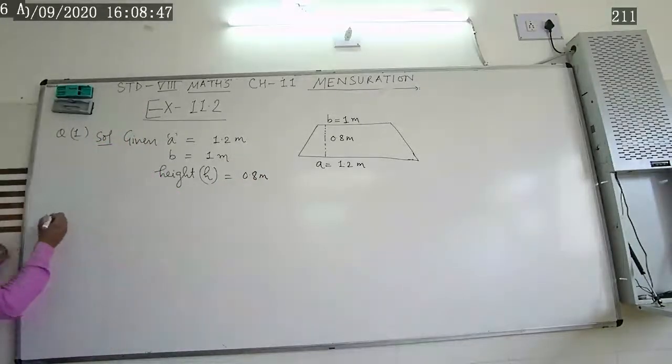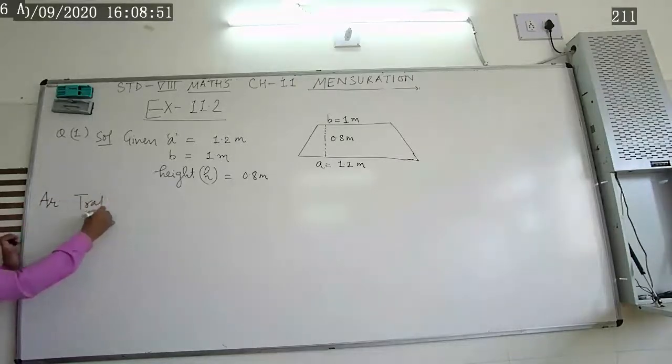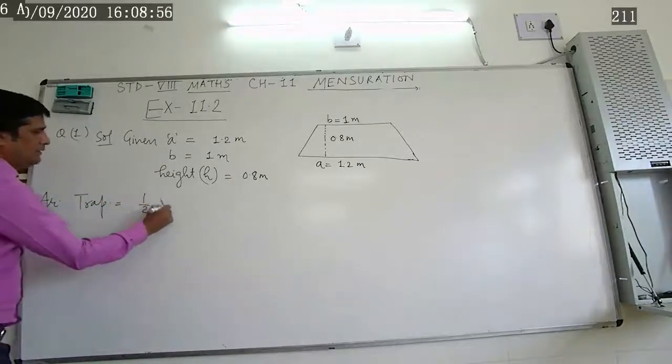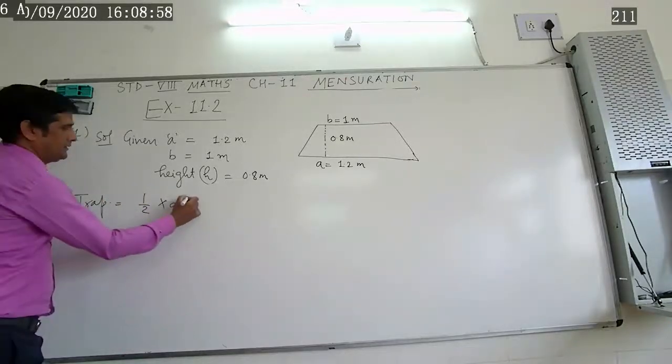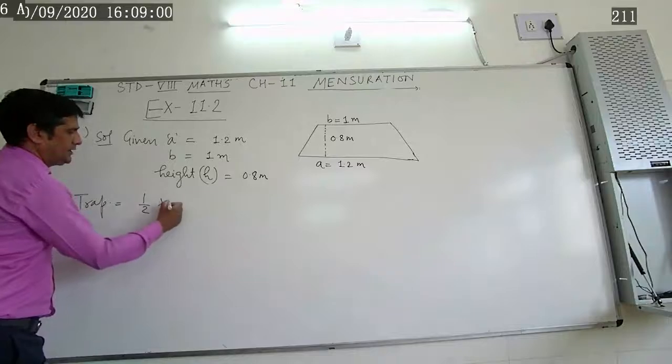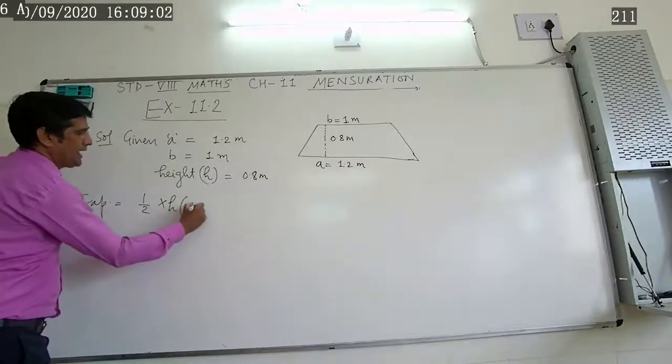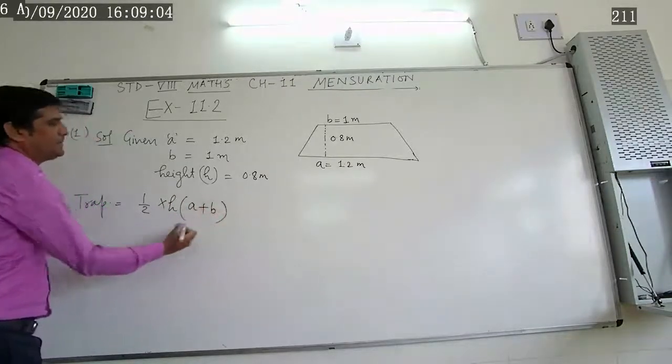Then after, area of trapezium equals 1 by 2 H into (A plus B).